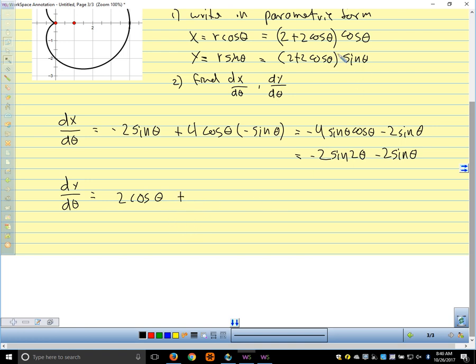All right, and here we have this nice product for our y value. So when I do dy d theta, we need to use the product rule. So I get a 2 sine theta times minus sine theta. I'm just writing everything out explicitly, plus cosine theta times cosine theta.